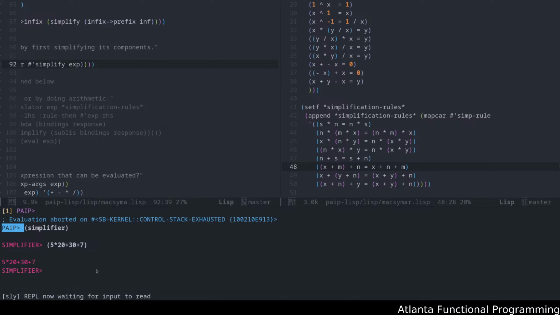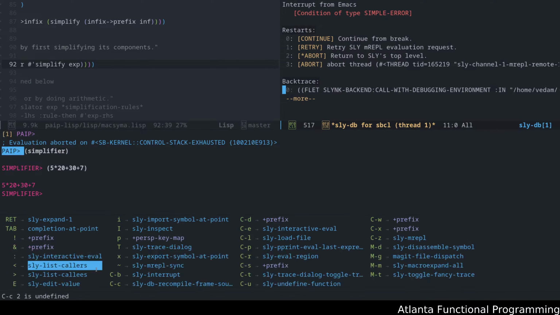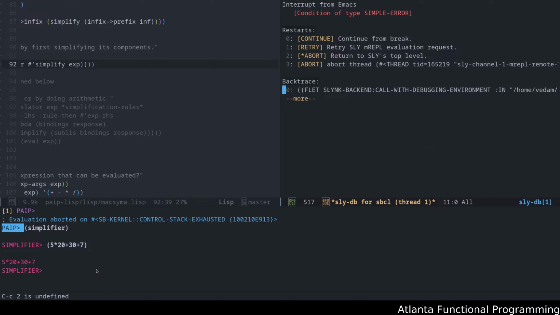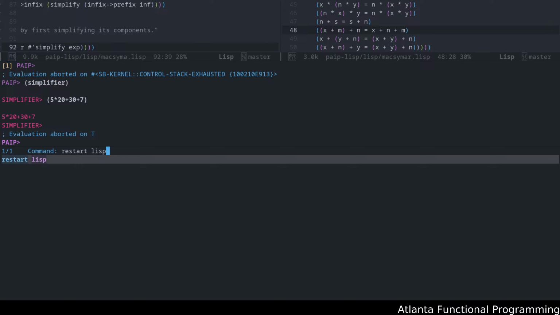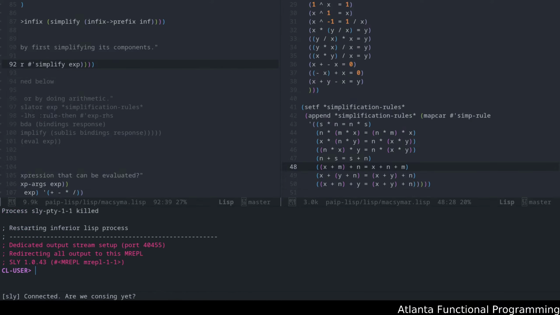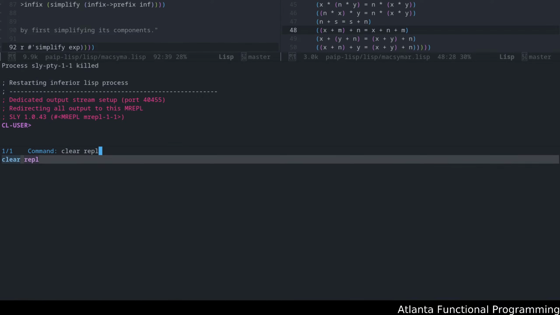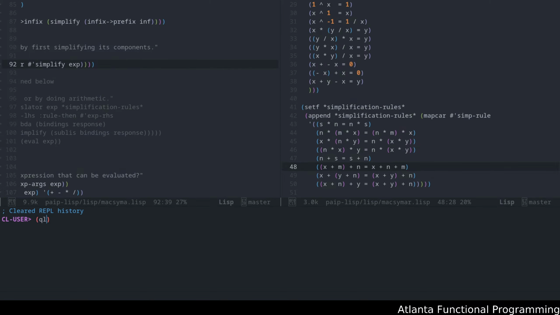Let me try one thing here. There we go. Abort, and do restart Lisp. Let's go ahead and reload our code.